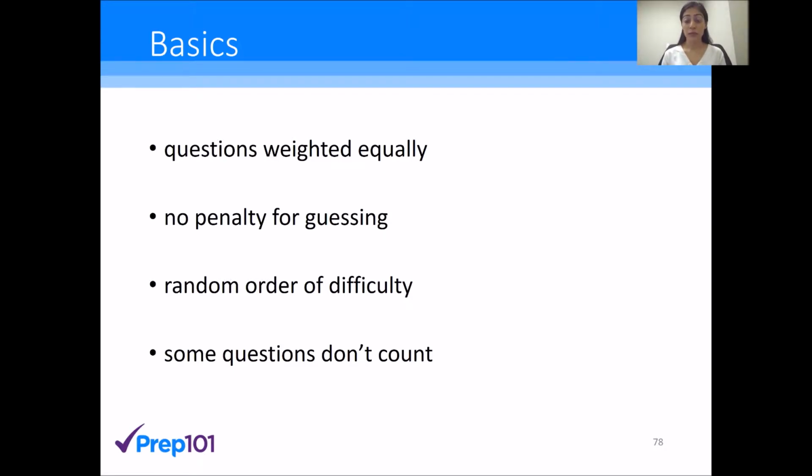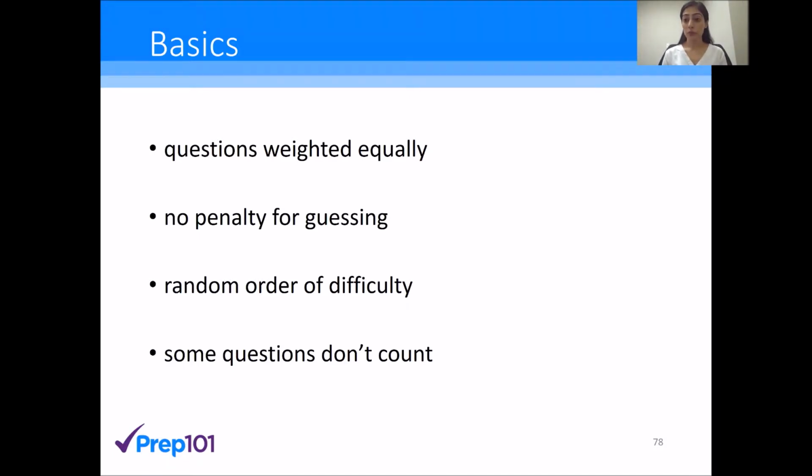Second, there is no penalty, there's no deduction for getting answers wrong. So one of the things I tell my students all the time is, should you ever be leaving a question blank? No. Essentially, a wrong answer that you've selected is going to be calculated or used in the same manner as an unanswered question. However, there are 4 answer options for each question on the MCAT, A, B, C, and D, that follows every single multiple choice question.